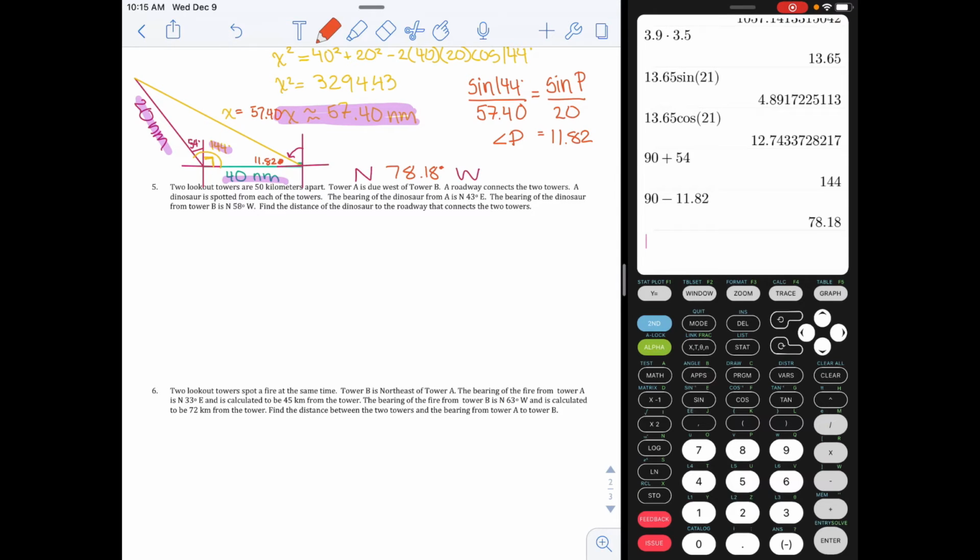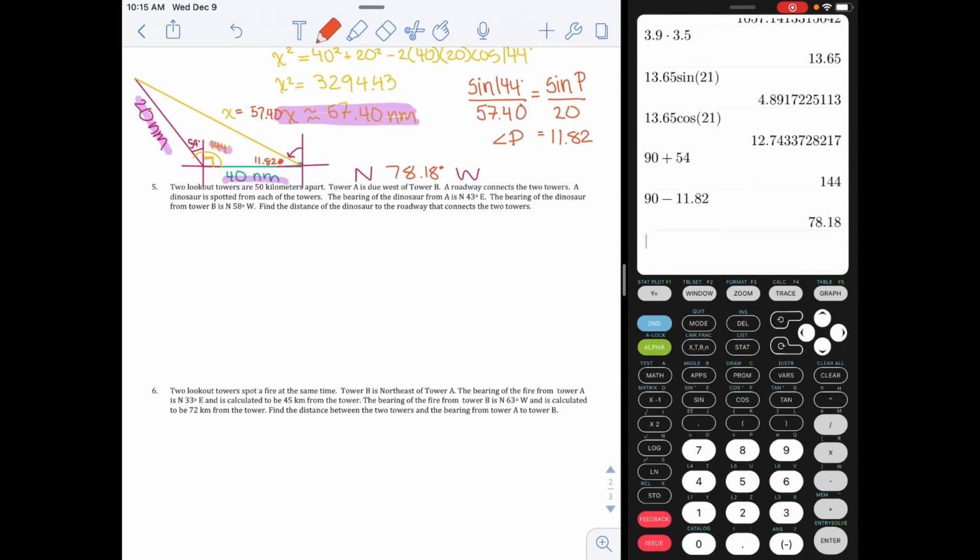Oh no, a dinosaur! I feel like we're in Jurassic Park world right now. The bearing of the dinosaur from A is northeast with 43 degrees. The bearing of the dinosaur from Tower B is 58 northwest. Find the distance of the dinosaur to the roadway that connects the 2 towers.